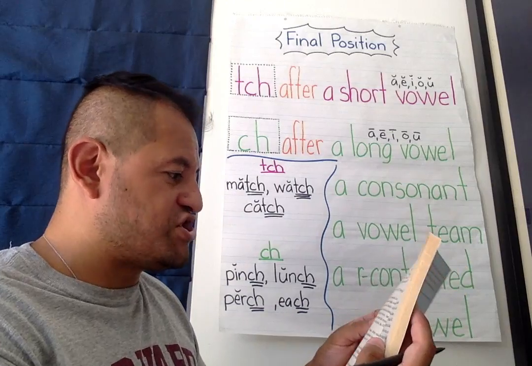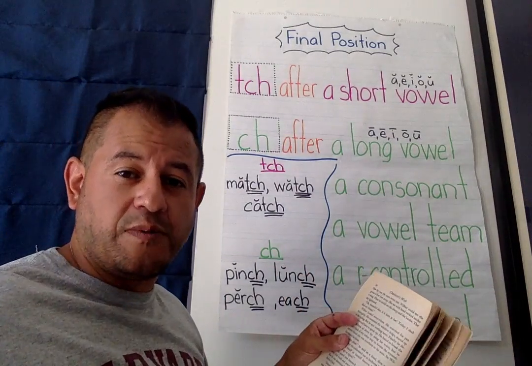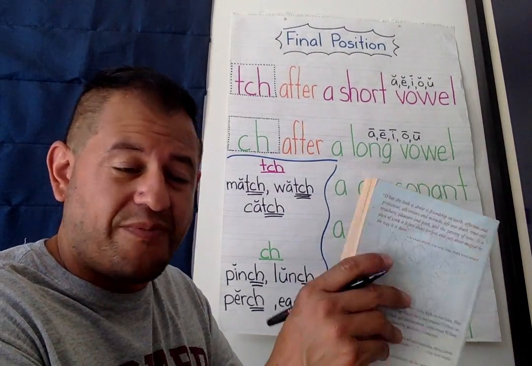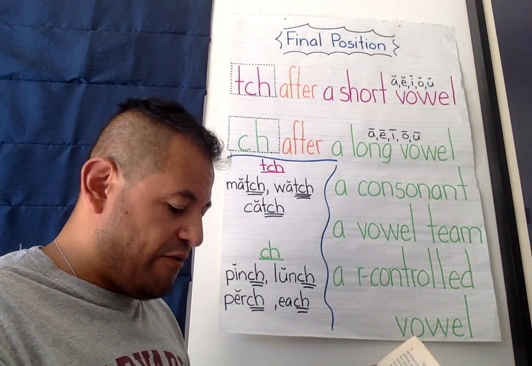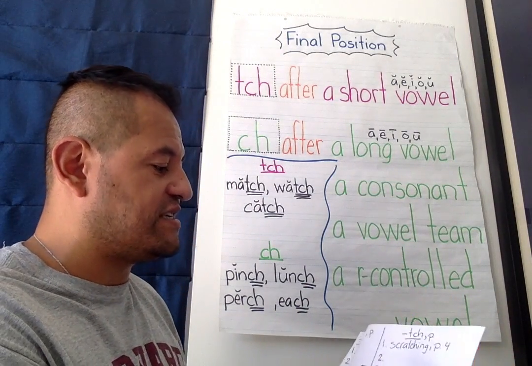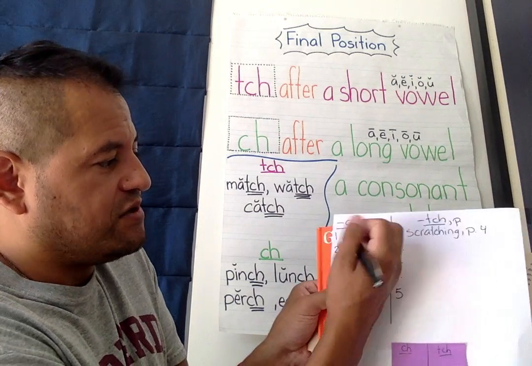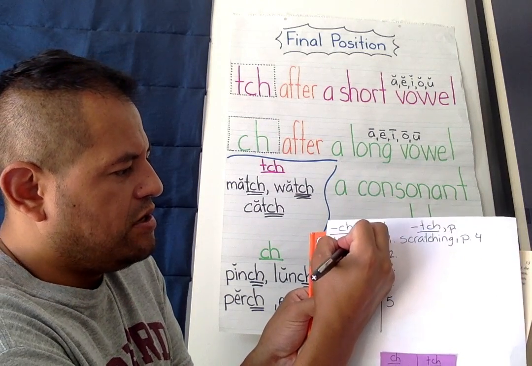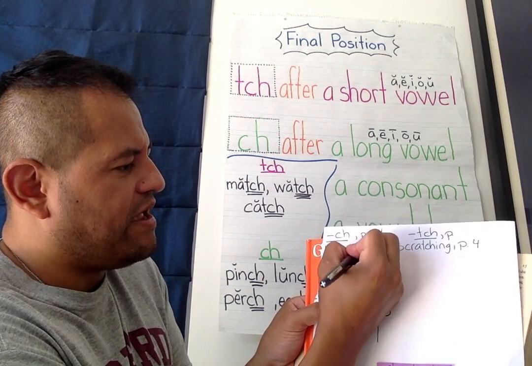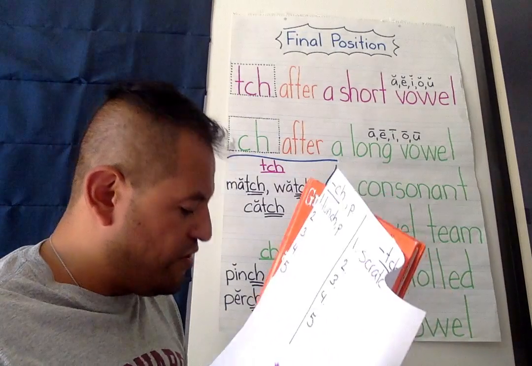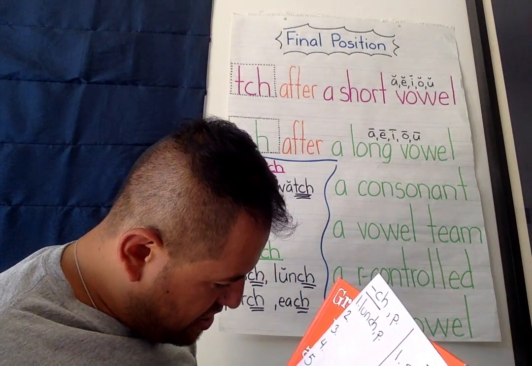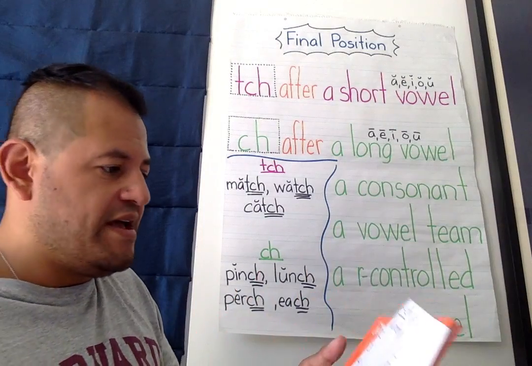Oh, here's the word lunch, just like I have up here. Okay, it was time for lunch because Wilbur was eating lunch in the pail. Okay, so I will write the word lunch. I know it's a CH here, so I'll do lunch. And for me, in this book, I know that he's eating on page 14.